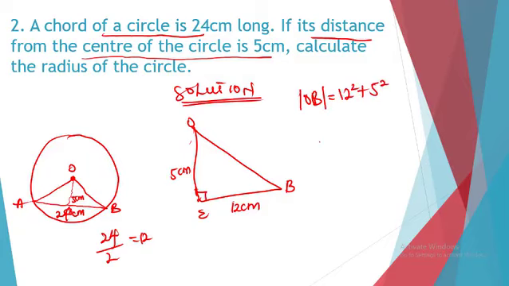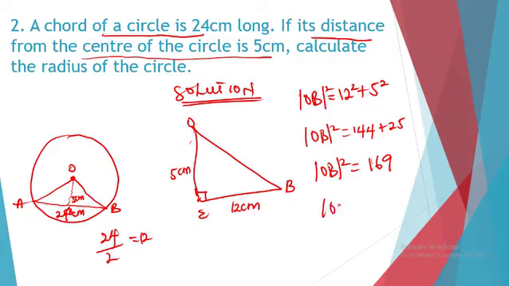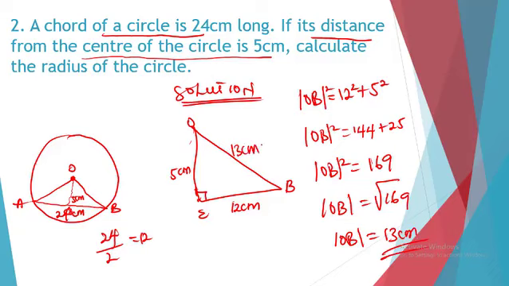Then we'll have line OB squared equal to 144 plus 25, which gives us 169. And then line OB is equal to the square root of 169, and that will give us 13 cm. So the value of this is 13 cm.